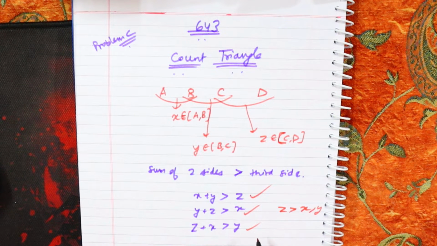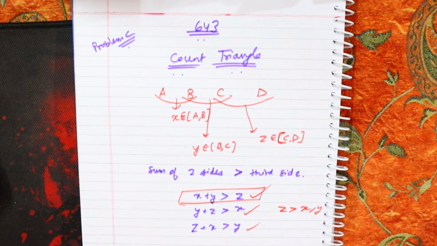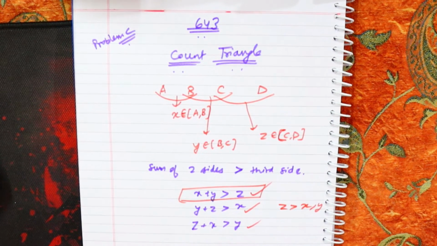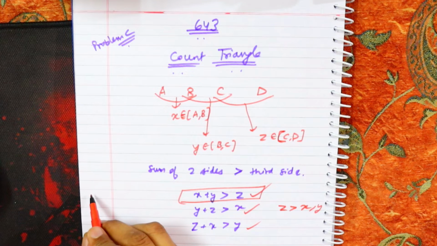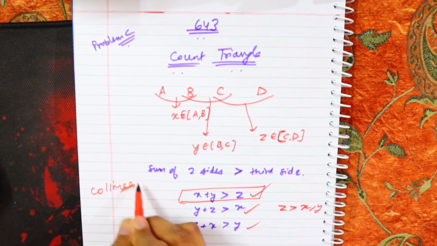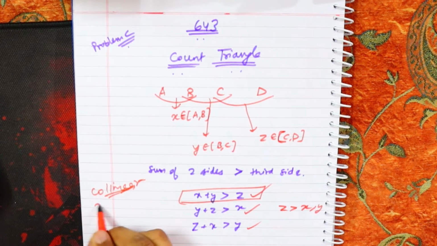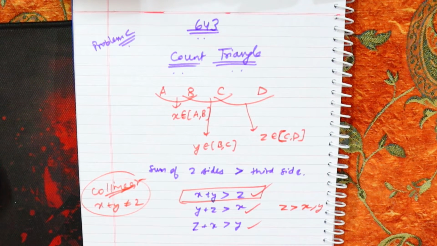I just need to see the case when x plus y is greater than z, not equal to, because it is stated that it should not be collinear, so x plus y should not be equal to z. Now the question is finished.